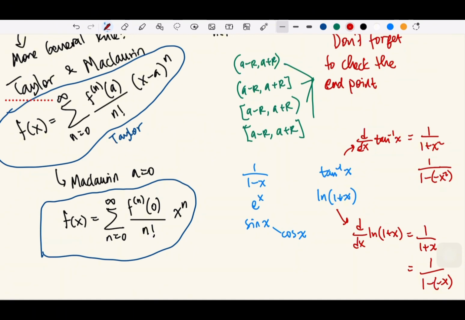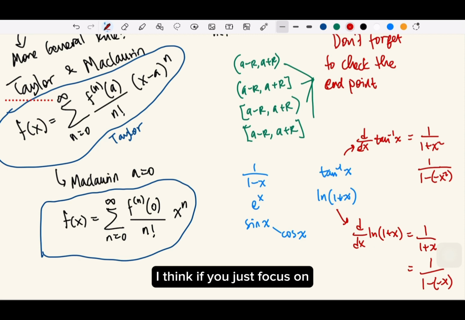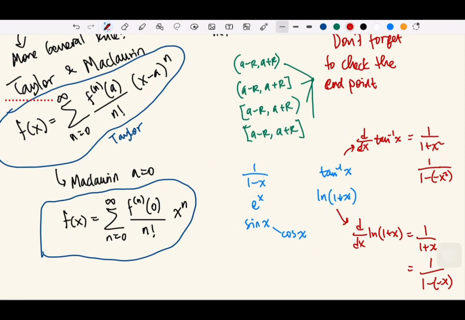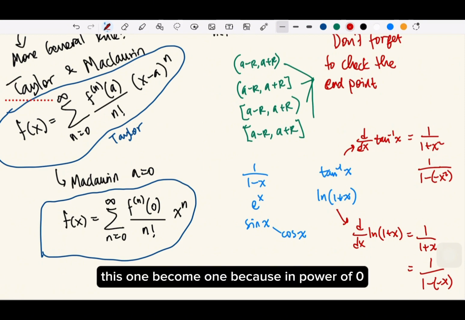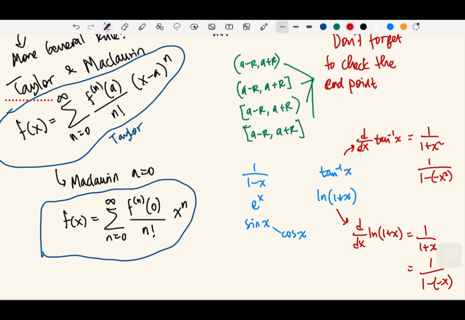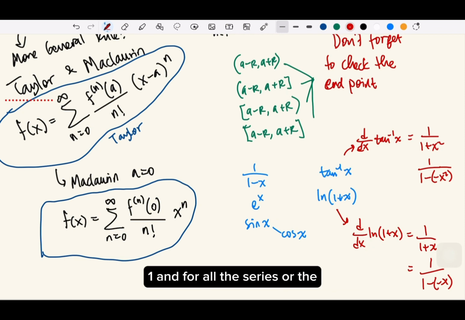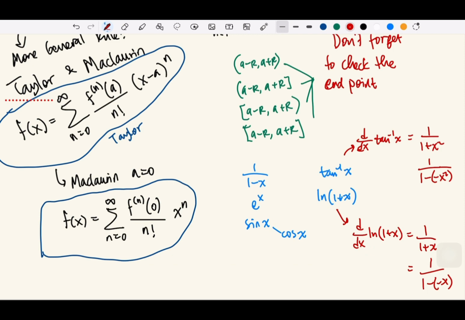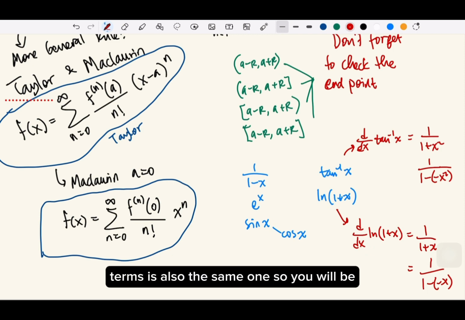Okay. So just a note, I think if you just focus on knowing this as the x to the power of n, and you know the e to the x, this one becomes 1, right? Because e to the power of 0 is 1, and for all the terms it is also the same, 1. Right?